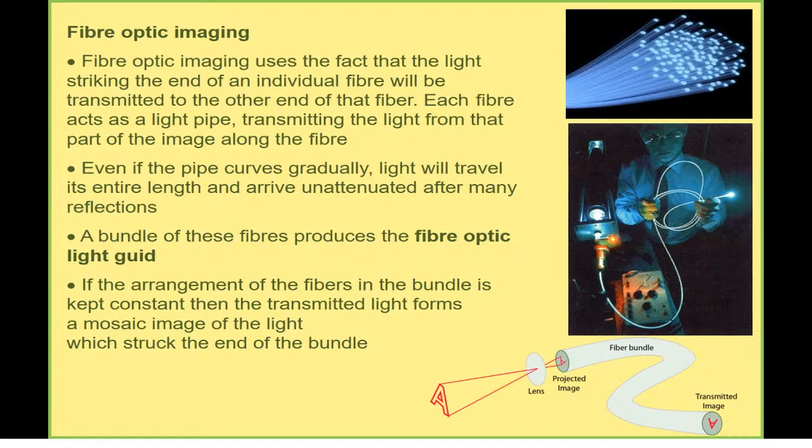A bundle of these fibers produces the fiber optic light guide. If the arrangement of the fibers in the bundle is kept constant, then the transmitted light forms a mosaic image of the light which struck the end of the bundle.